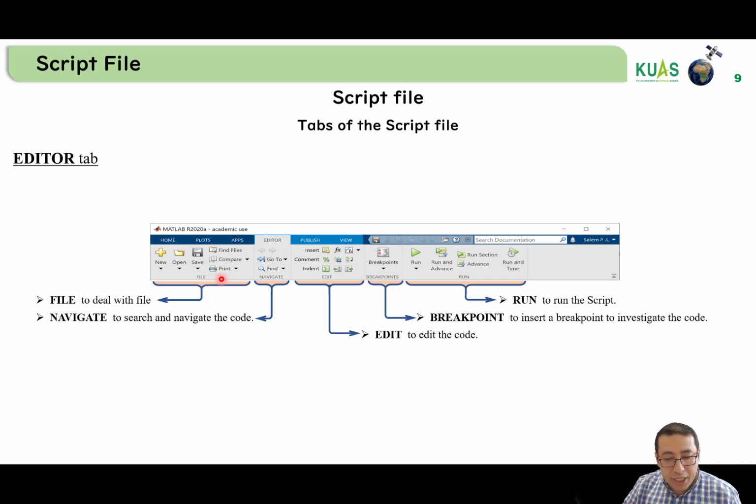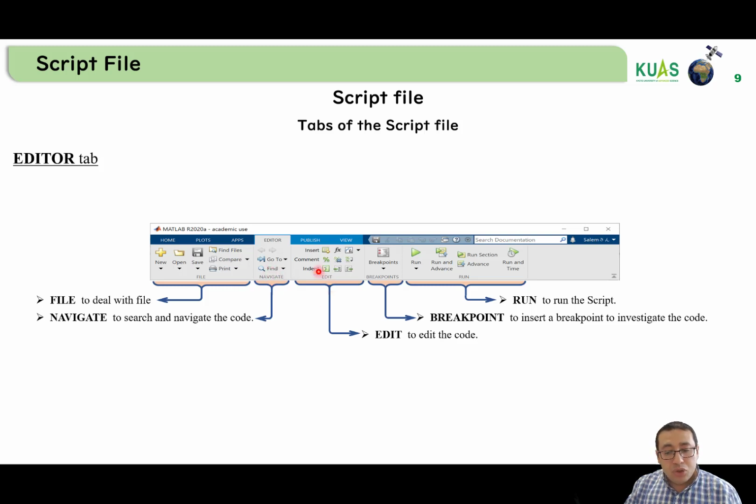It reads File, Navigate, Edit, Breakpoints, Run. Every section does tasks which have similar activity. For example, in the File section, you can create a new file or open a file or save a file or find a file. It's related to files. In the Navigate section, you can find or go to or search, something like that.